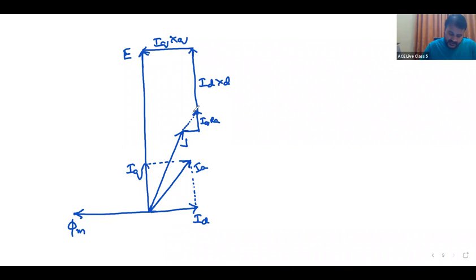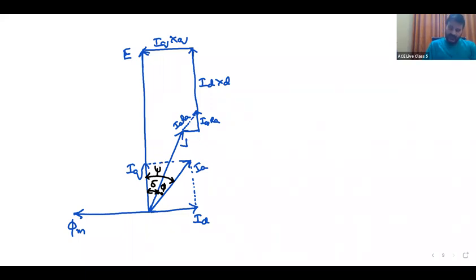This is IARA itself, dear students, because IA is in the same phase as this. That is IARA. Now see, this angle is delta, this is phi, and this is psi. This is the phasor diagram I drew earlier, the same thing.